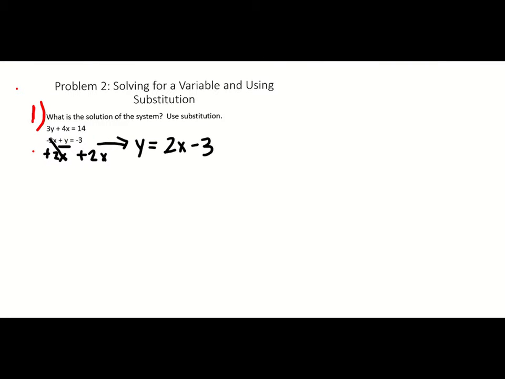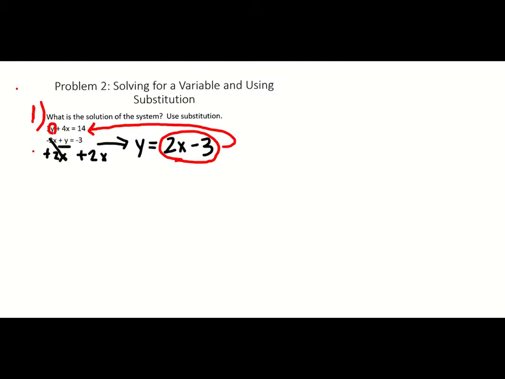Once I have the equation solved for a variable, I've got y by itself now. We're going to solve the problem like we did in the first couple examples in the last video. So y equals 2x minus 3. I want to take what y equals, the 2x minus 3, and plug that into the equation I haven't done a single thing with. That would be this first equation. I'm going to plug the 2x minus 3 in for the variable y because that's what it equals.